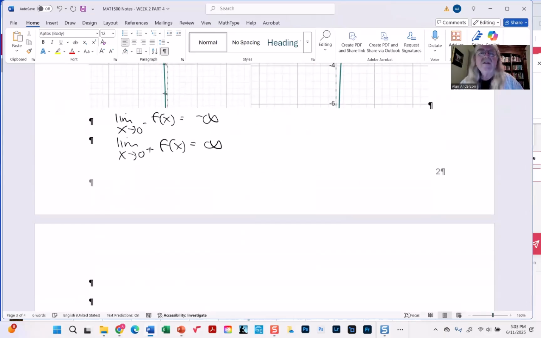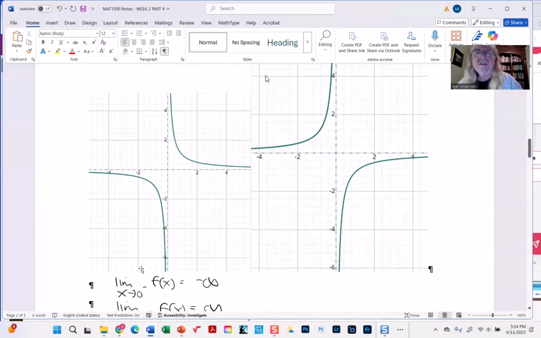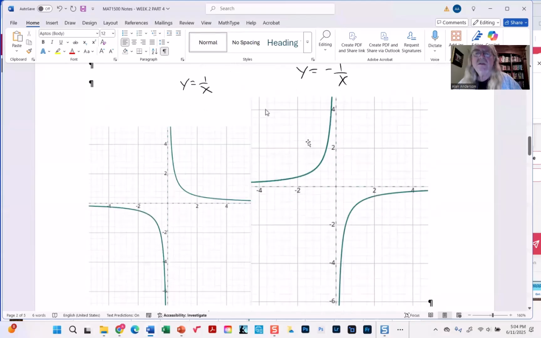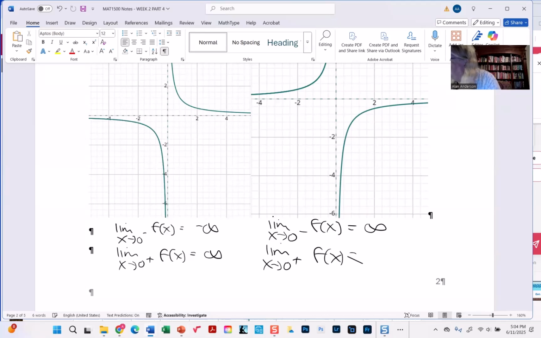Okay, but then in the second graph, it's the other way around. Okay, so you can see just by looking at it, if we come from the left in this case, the limit as x approaches zero from the left, this time it's positive infinity. And from the right, it's negative infinity.